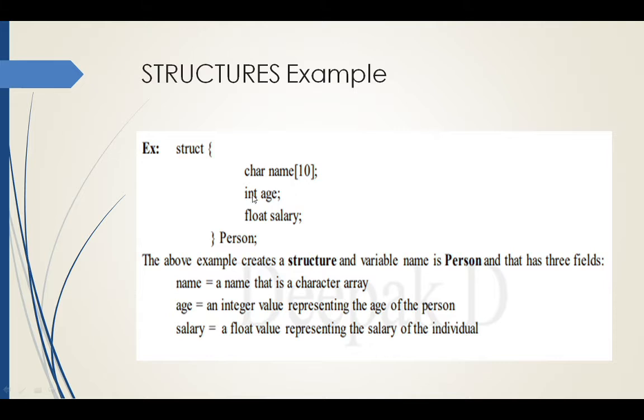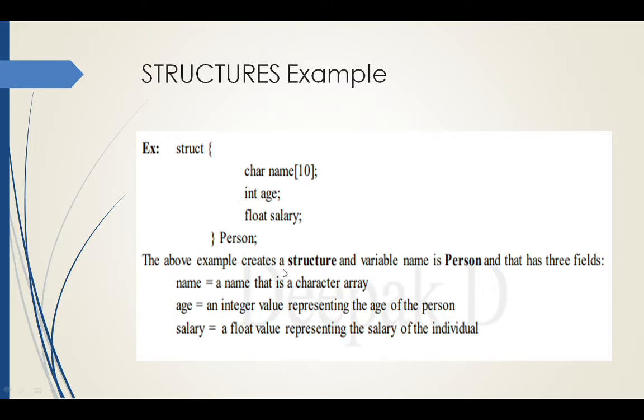The second variable is of type integer and the name of the variable is age. The third variable is salary, and the type of the variable is float. So here I am collecting variables of different types: one is a character, another is an int, and the third one is a float. And the name of this structure is person. You can give any name here; I have taken person as the structure name.